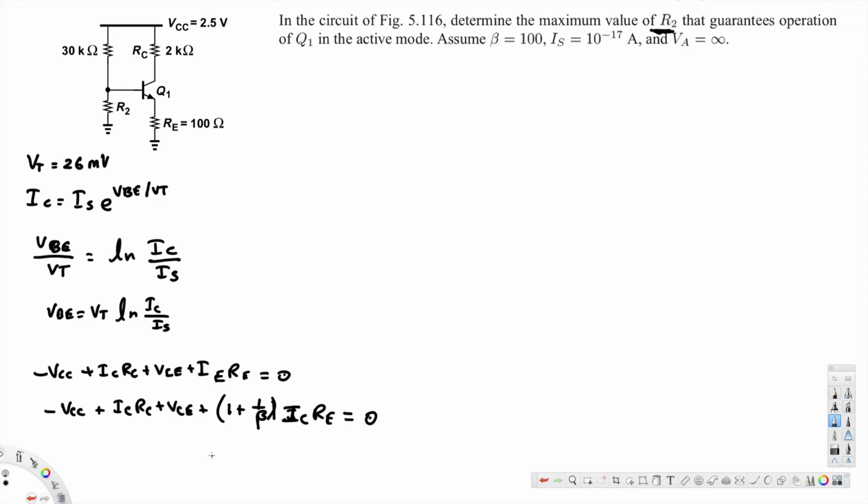Now finally, from this equation we can derive an expression for VCE. VCE can be written as VCC minus IC times RC plus 1 plus 1 over beta times RE.